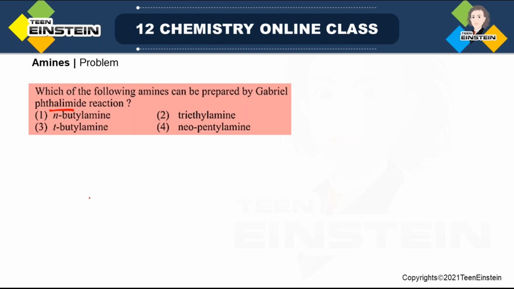Phthalimide is also a starting material, but phthalimide is basically the source of nitrogen. It will provide the nitrogen because you are making amine, you need nitrogen. The starting material is RX, that is alkyl halide, but another reaction partner is also there, which is phthalimide, the source of nitrogen. Options, if you see, N-butylamine, which is basically a 1 degree amine. Then we have triethylamine, which is 3 degree.